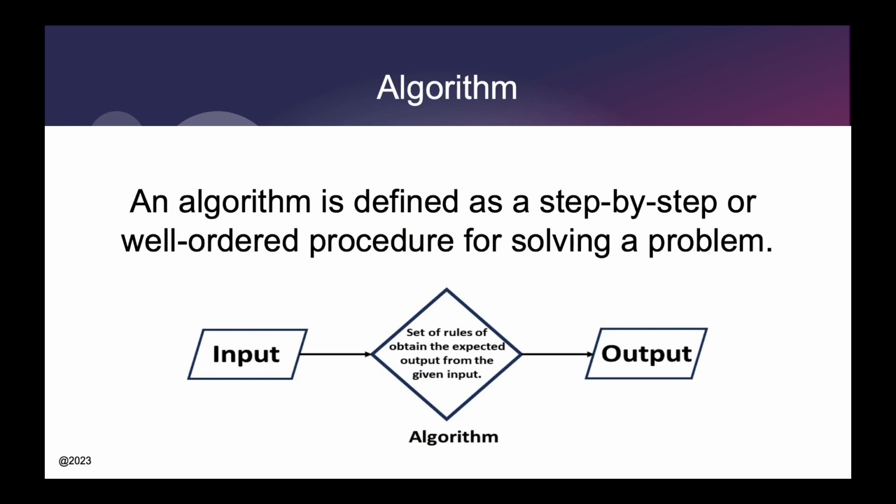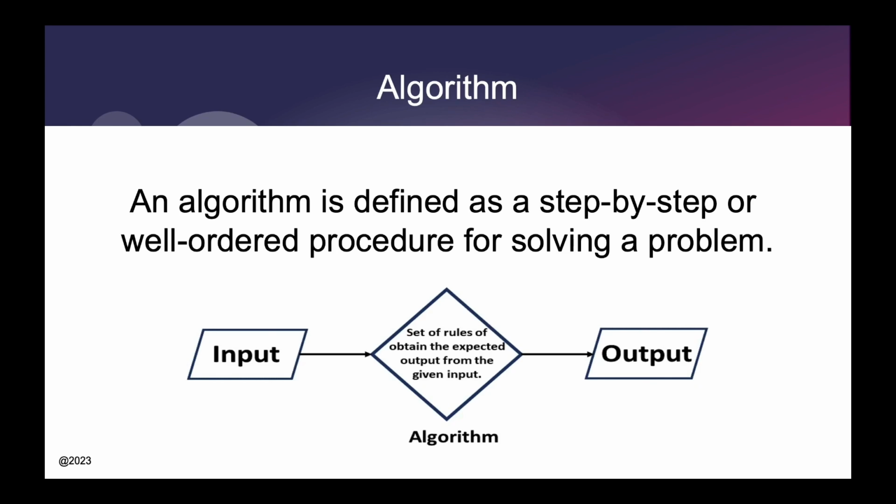Dependent on the input that you have, you then have to set instructions or rules to obtain the desirable output that you want. So the output that you want will come from the rules that you set in the process of writing the algorithm, step by step.